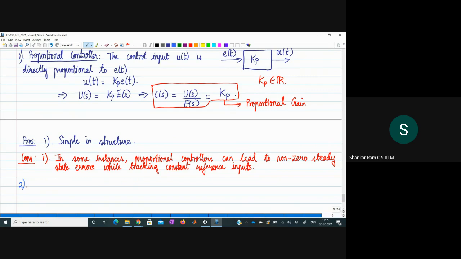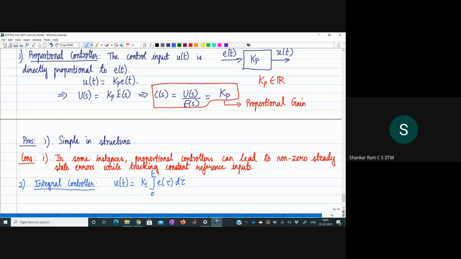In PID, the second block is the integral controller. I stands for integral. So what is this integral controller? As the name indicates, the structure of the integral controller is such that the control input u of t is some constant multiplying the integral of the error.